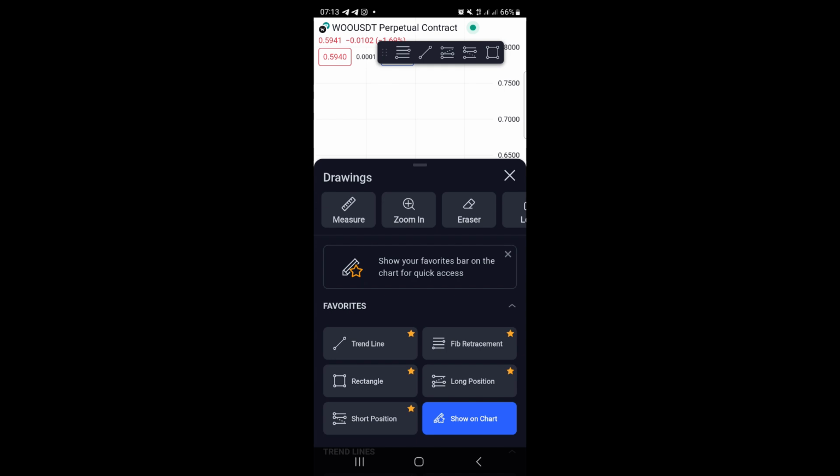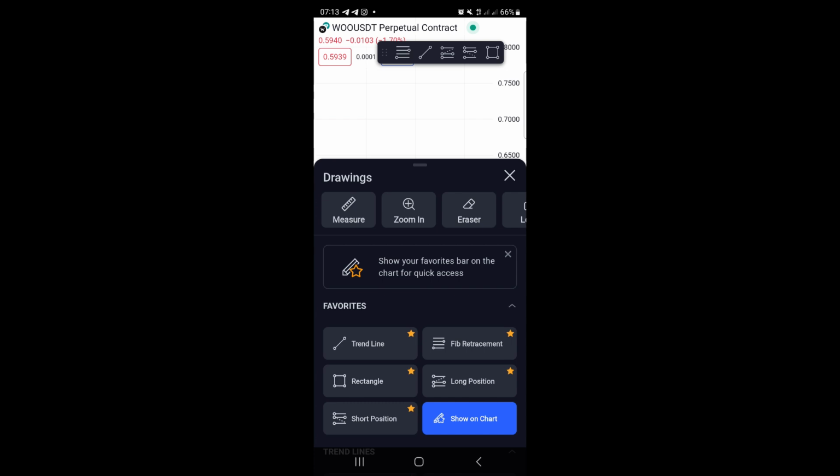There are some options that you need to get familiar with, because you're going to be using them very often: long position, short position, rectangle, and trend line. You understand? Then for more advanced traders, you can use fib retracement.